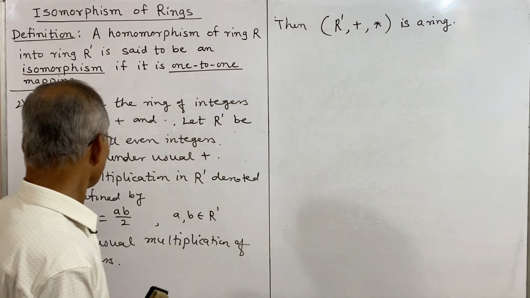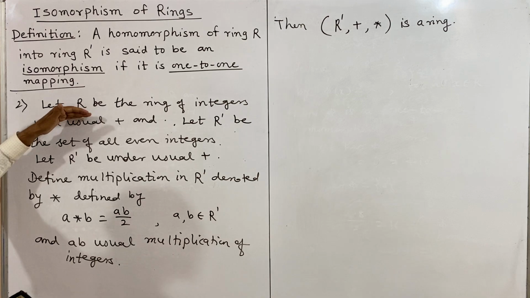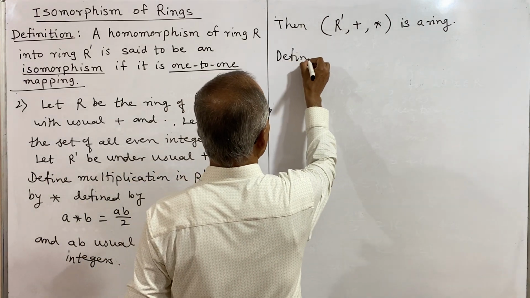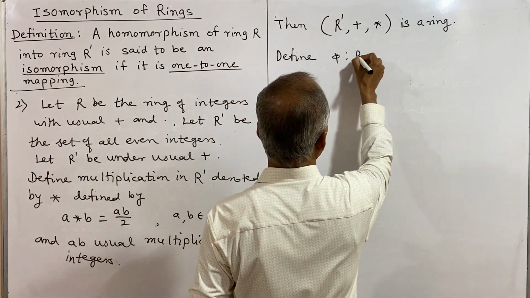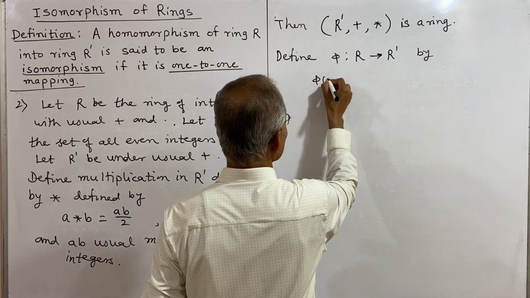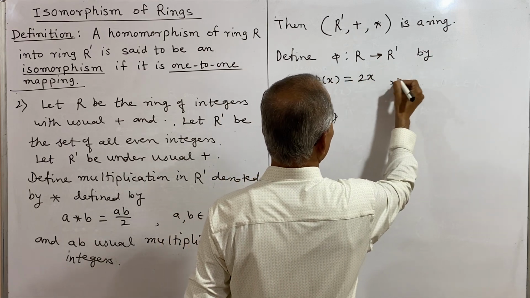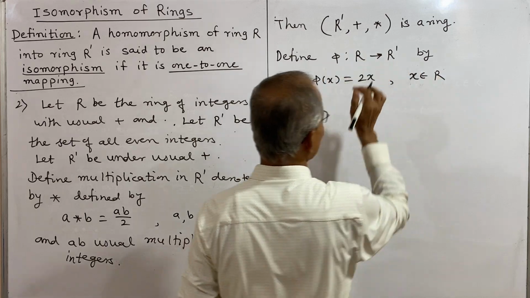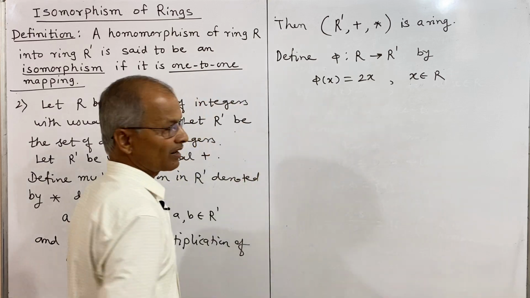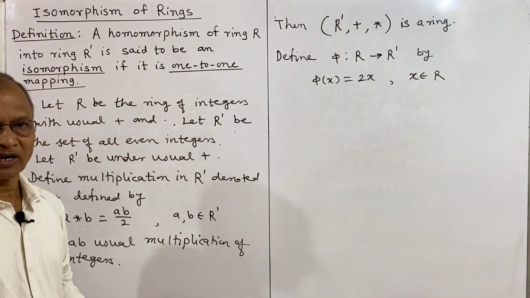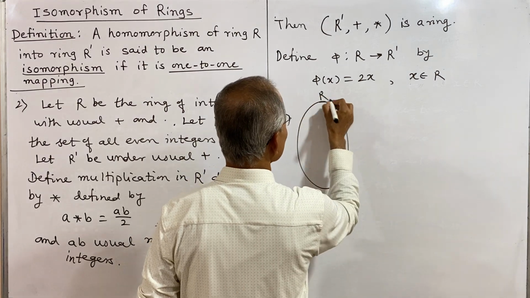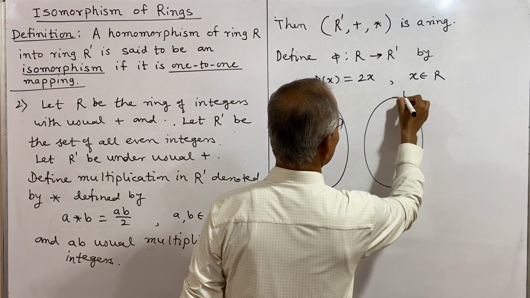Now what we define is an isomorphism between R and R dash. Define phi from R to R dash by phi of x is equal to 2x, where x belongs to R, the set of integers. Then we shall check whether this is an isomorphism, that is, if it is 1-1 and onto. This is R, all integers, and this is R dash, even integers.